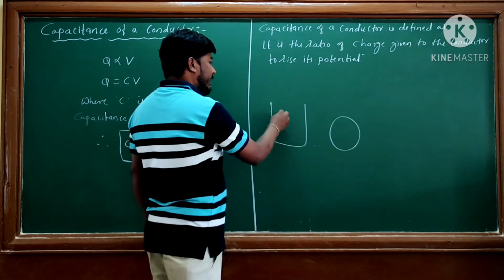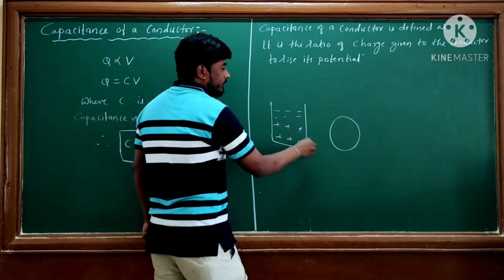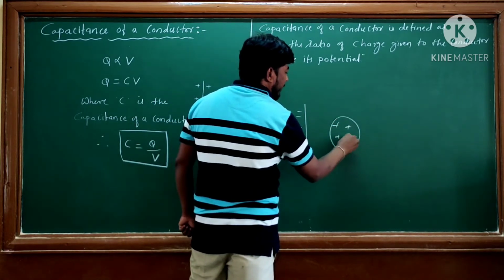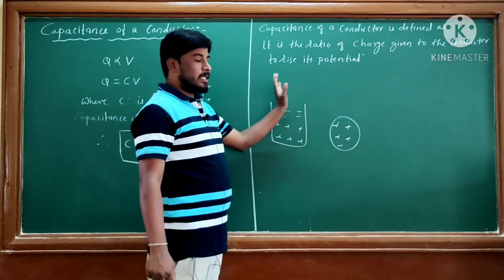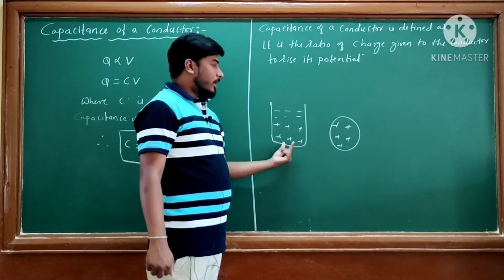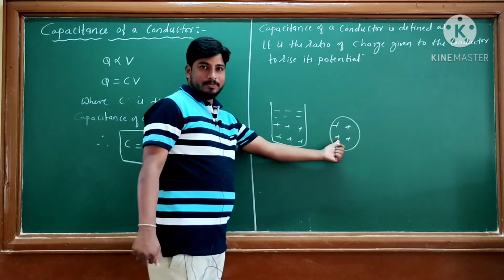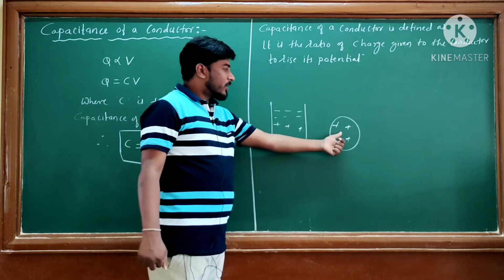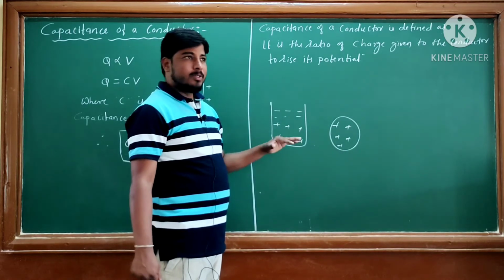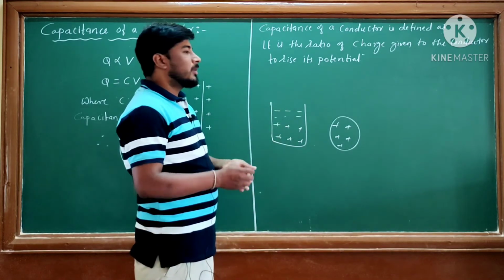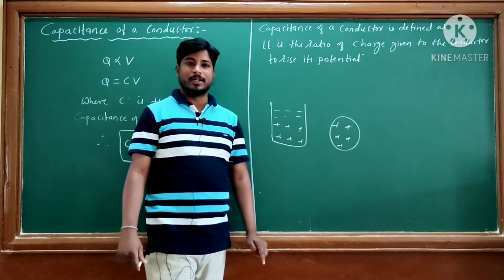I can store the charges here, and here also, but as for the geometry of this conductor, I can store more charges here than here. Because of the shape and size, we can store the charges. That is why we say that capacitance of the conductor depends upon the shape and size of the conductor.